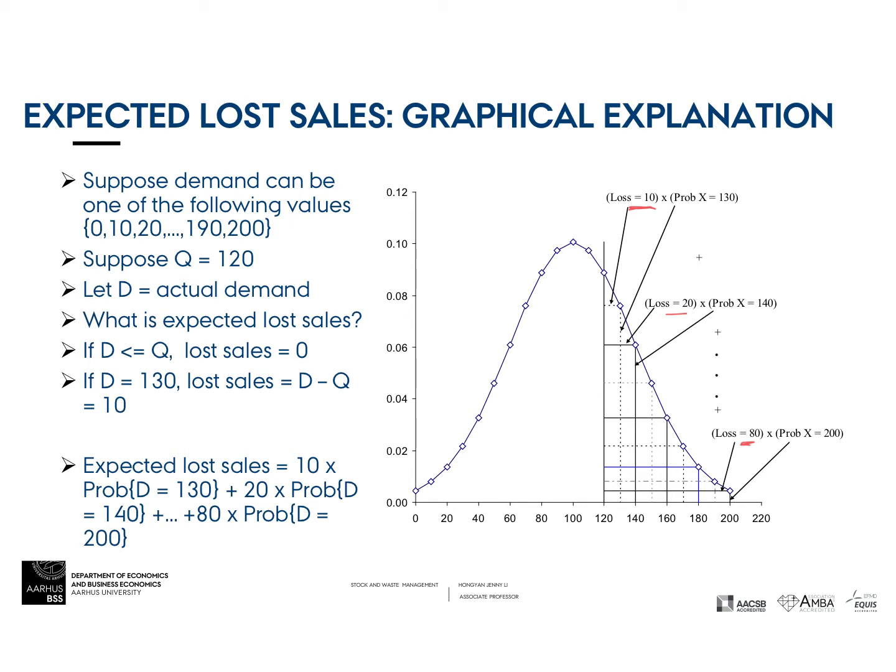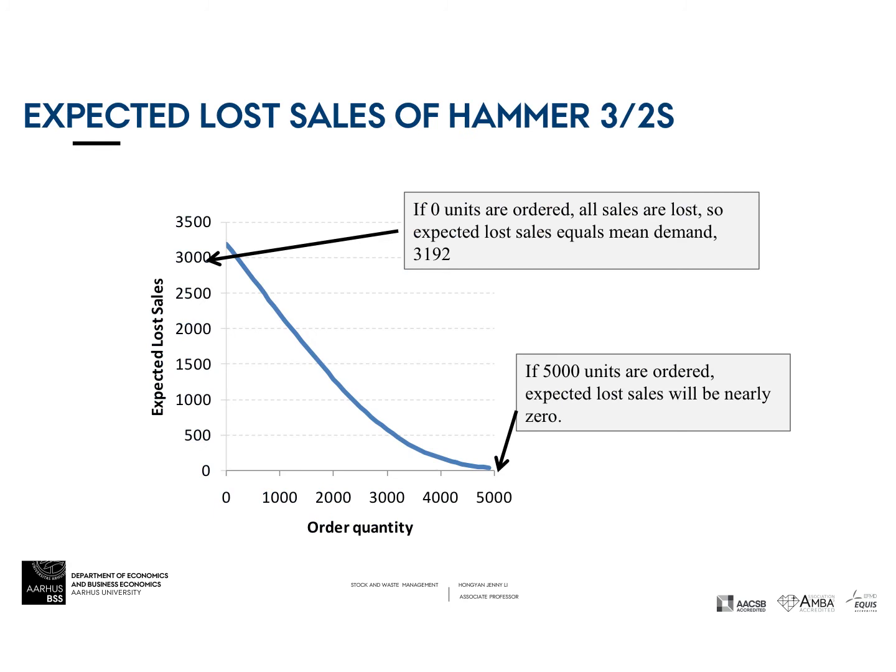Then you add all these different scenarios together to calculate expected lost sales. This graph just shows an intuitive explanation of the expected sales, but we do have an integrated result for this.